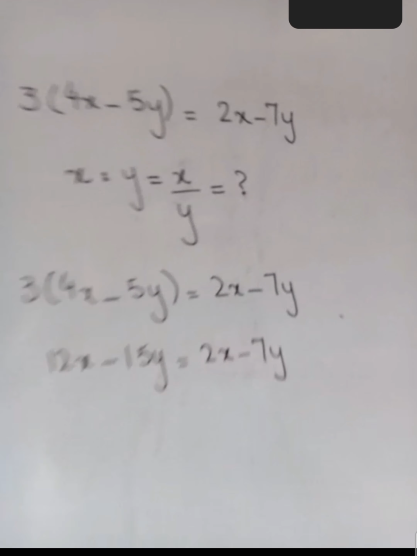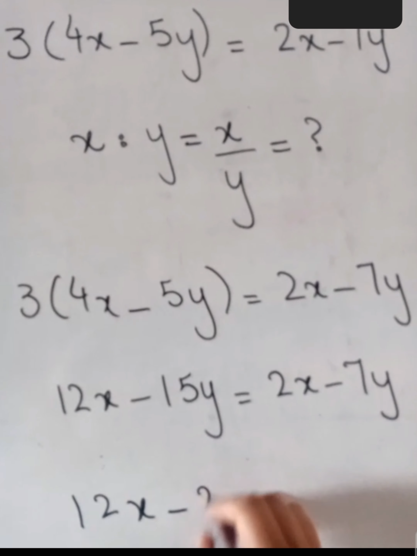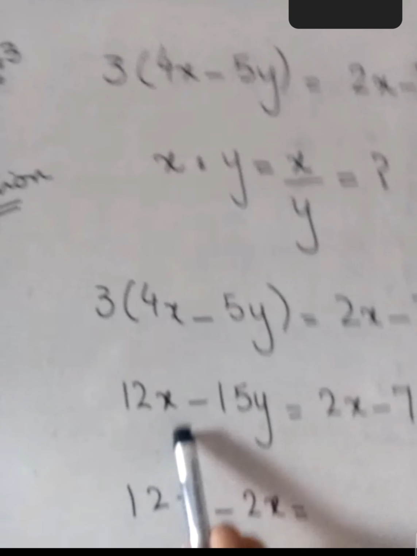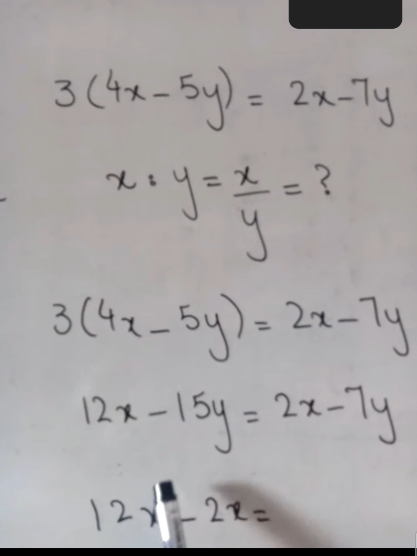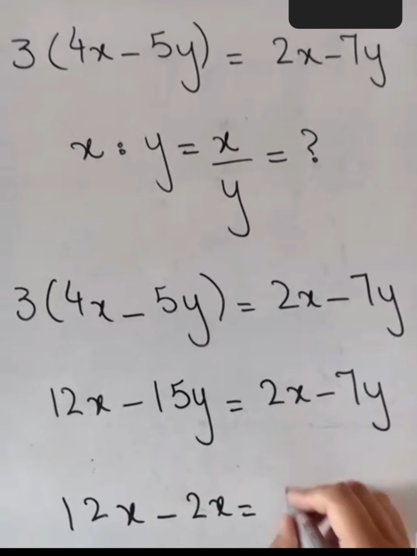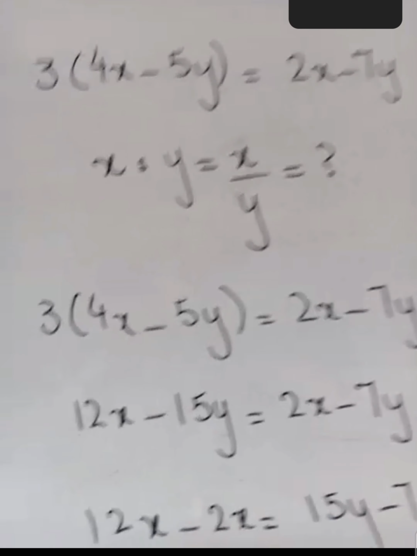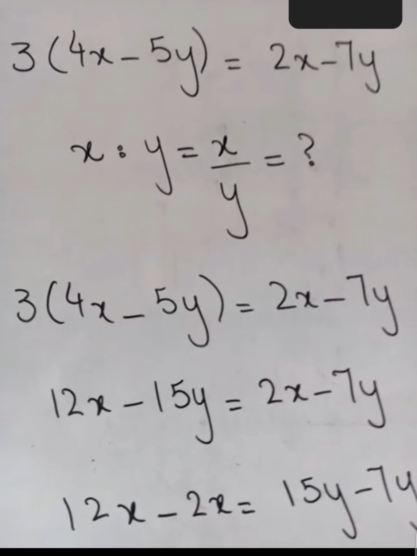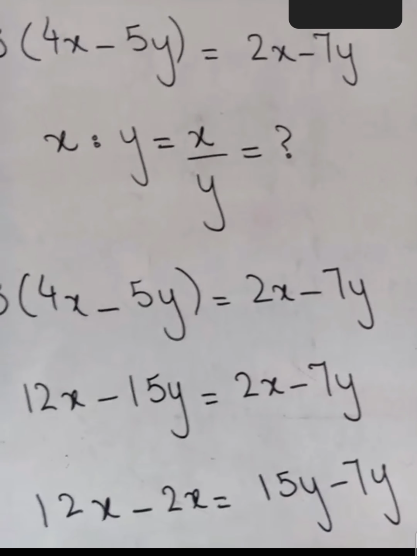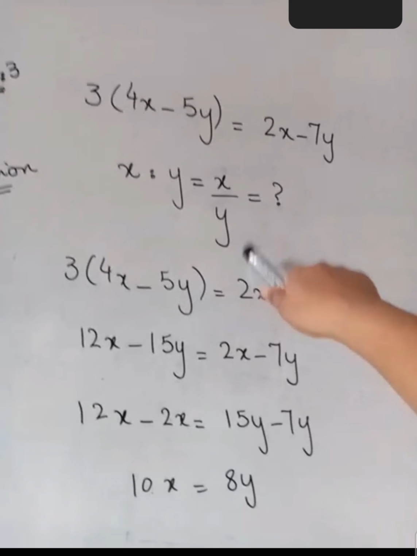Separate out the terms that are of x: 12x minus 2x. Separate out y with y, same variables, shift them aside. 12x minus 2x, this minus 15y will be plus 15y minus 7y. Here it will be 10 times x is equal to 8y.